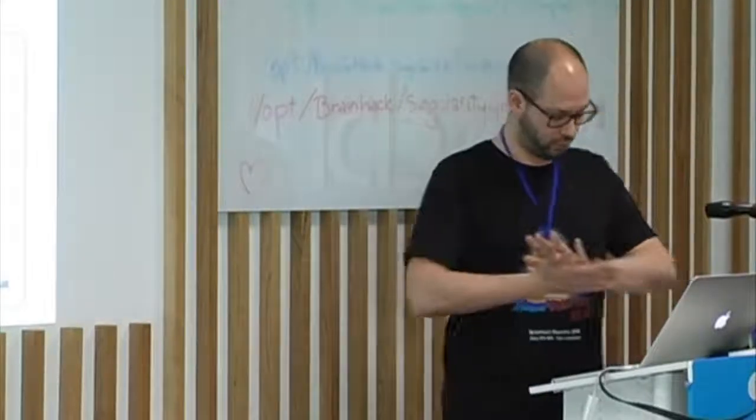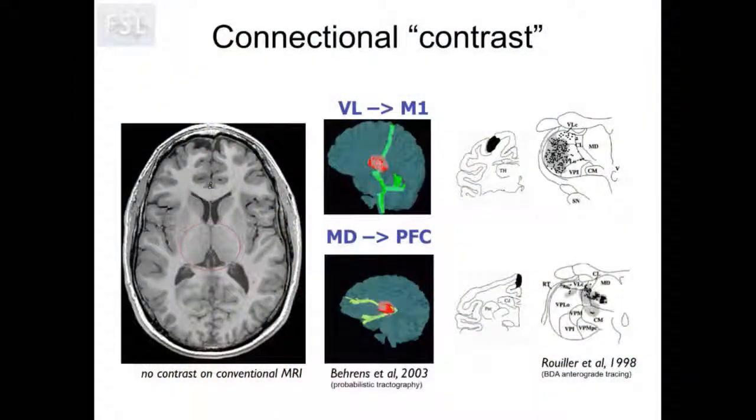So to conclude this talk, only 10 minutes later, briefly some basic tractography applications, right? The basic one being this idea of connectional contrast that you can get if you were to do a tractography reconstruction.